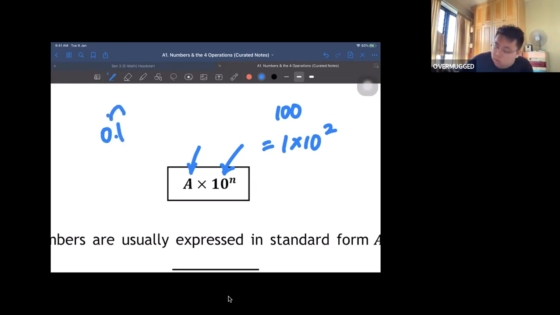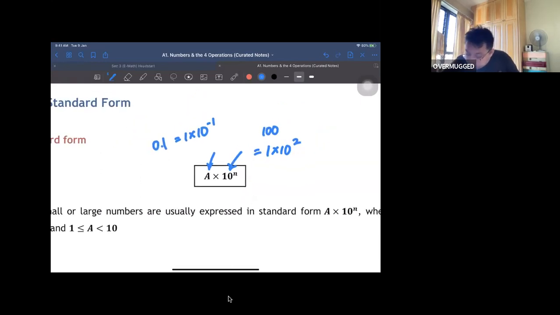Since you're moving the decimal point backwards, this is 1 times 10 to the power of minus 1. So if you have a decimal, the power of n will be negative, but if it's a positive number, it will be a positive digit. It really depends on which direction of the number line we are looking at.